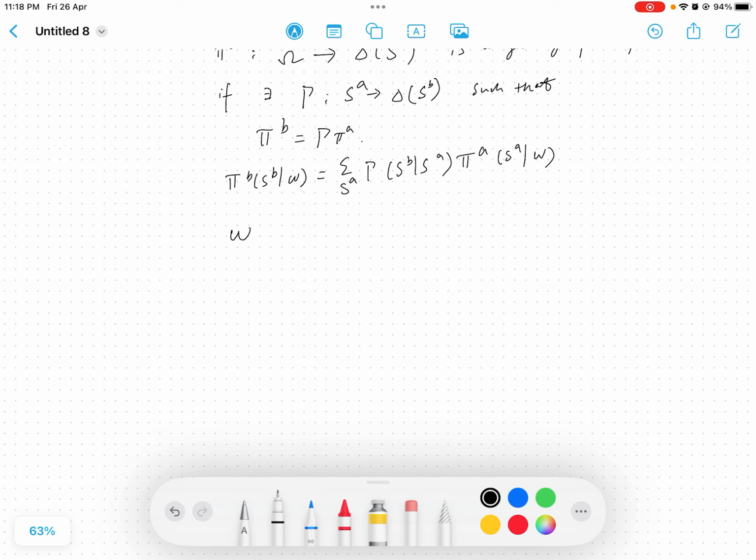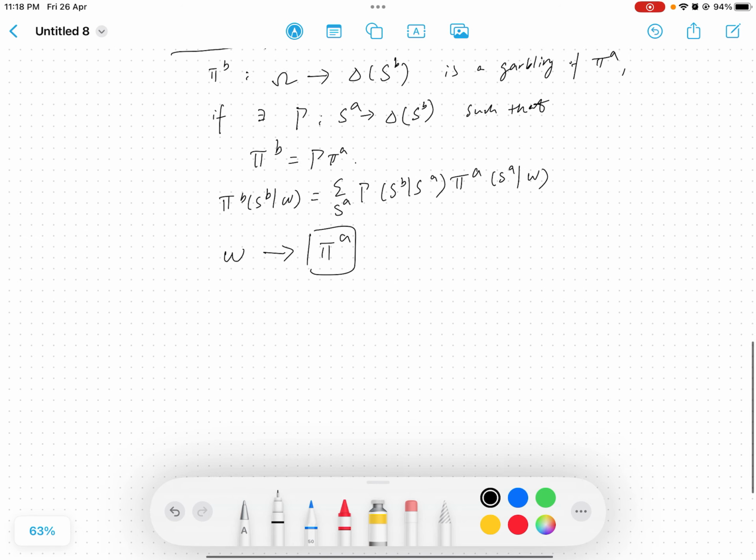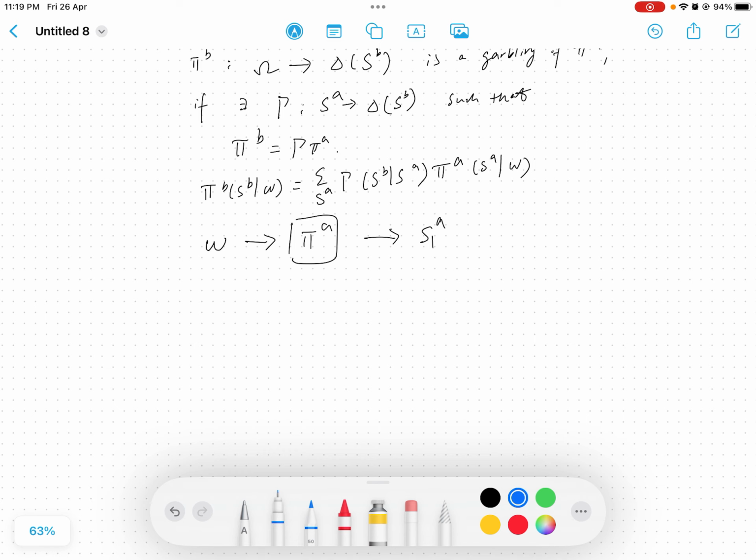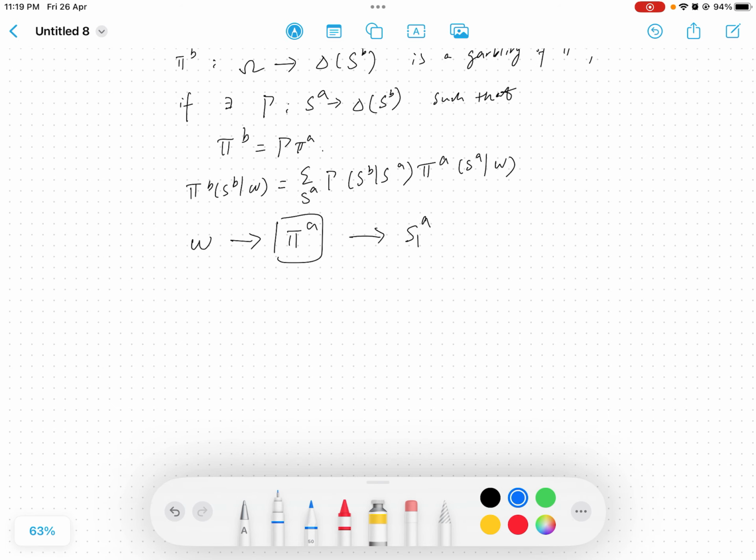Omega goes into pi a, and it sends out S1a. A garbling of pi a is that S1a goes into our gamma function, and it sends out S1b.